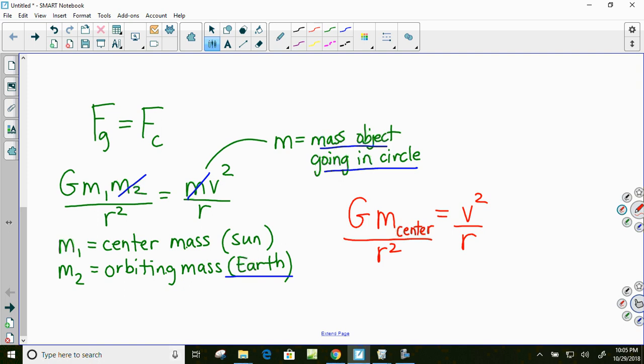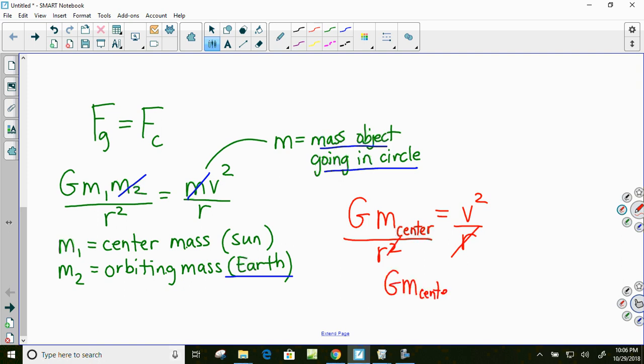Now it turns out that we have r's on both sides of the equation as well, and those r's represent the orbital radius, or the distance between the two masses. Since they represent the same quantity, we can also cancel one of them.